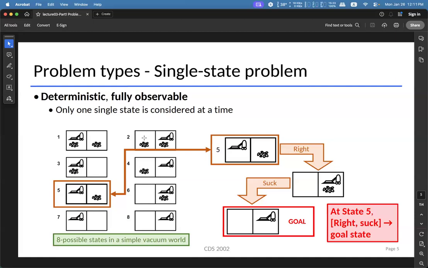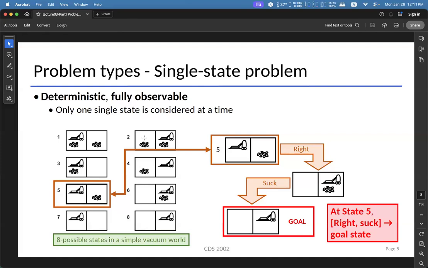And because the action of the agent is also deterministic, every action that the agent performs will create only one outcome.